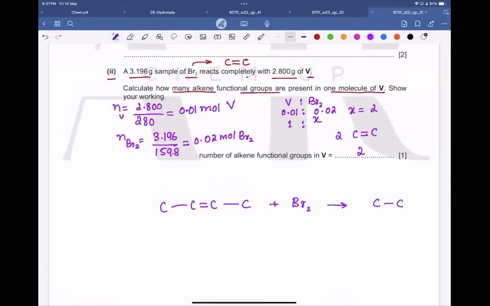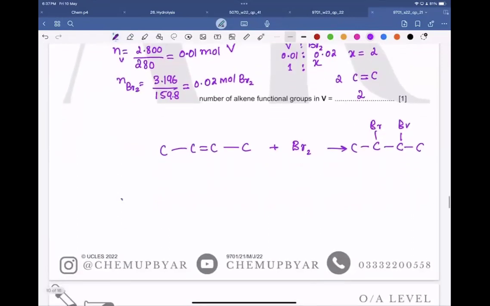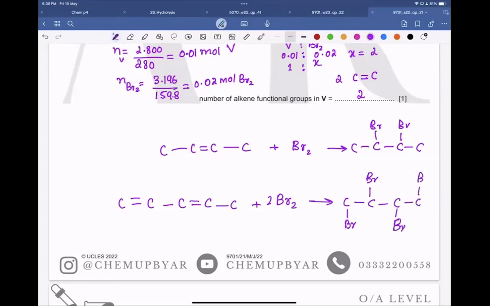And as a result, where there is a double bond, it gets a single bond and both the carbons have a bromine in them. Now, if you look at another compound and we have its 1 mole, but there is a double bond over here and there is a double bond over here. So with two double bonds, we need 2 moles of bromine. And as a result, here we got a bromine, and here we got a bromine and then a carbon.